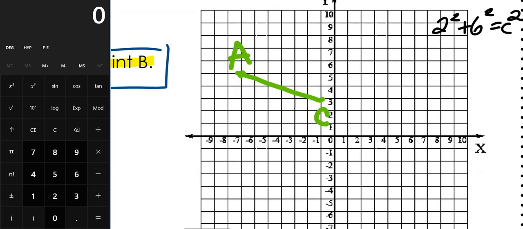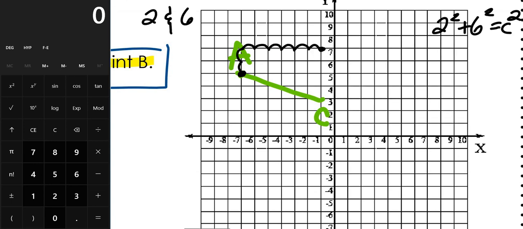Starting at A, I'm going to figure out how I can go 2 and 6 in some other direction to get to a new point. Starting at A, maybe I want to go up 2, 1, 2, and right 6, 1, 2, 3, 4, 5, 6.